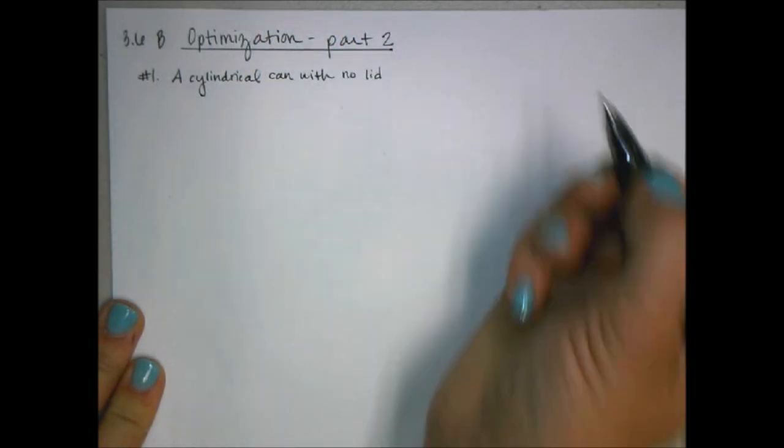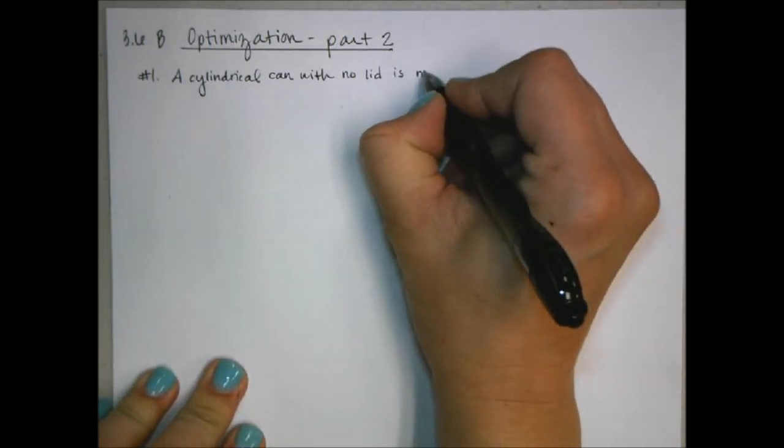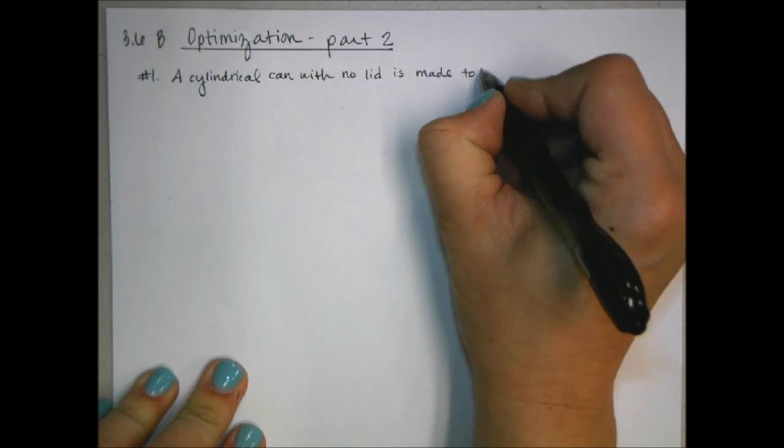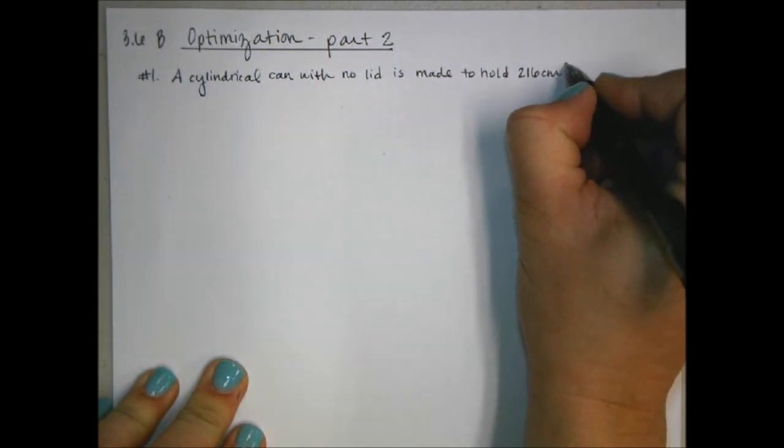We have a cylindrical can with no lid. It is made to hold 216 cubic centimeters of liquid.